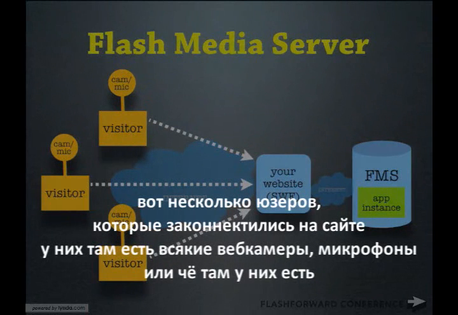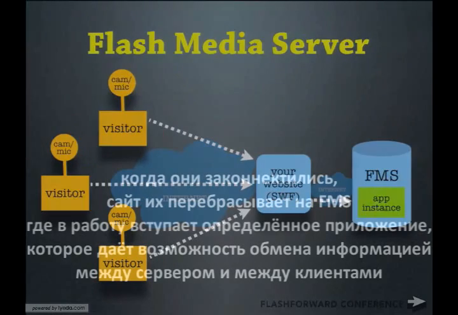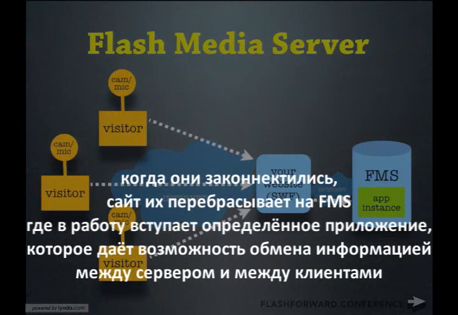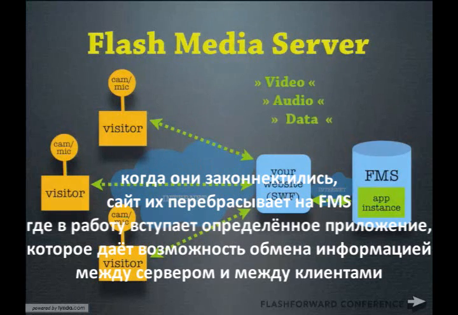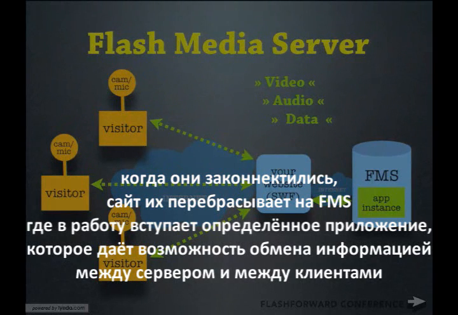They've got webcams, microphones, whatever, and they connect to your SWF. When they do that, it goes in and gets a specific application instance on the FMS, and they all connect to that same one. So that opens a connection, and that data can be pushed to the server, from the server, and between the clients, so everybody gets the same thing. And we're going to see that in the example that we show.